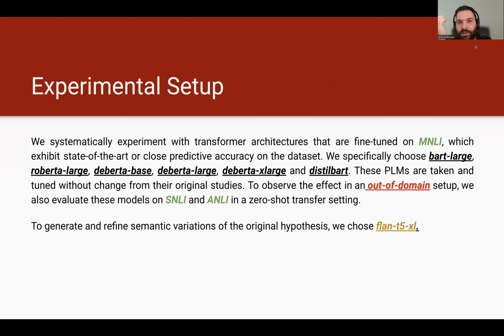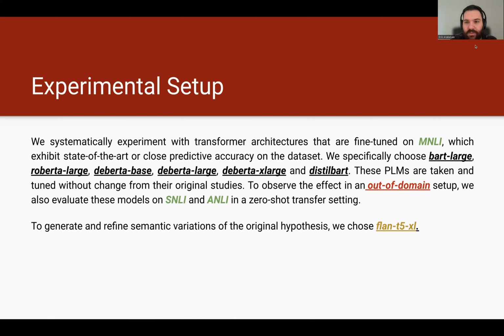And we call training on MNLI and testing on MNLI in-domain experiments, and training on MNLI and transferring our knowledge to SNLI and ANLI datasets a zero-shot transfer or out-of-domain setup.